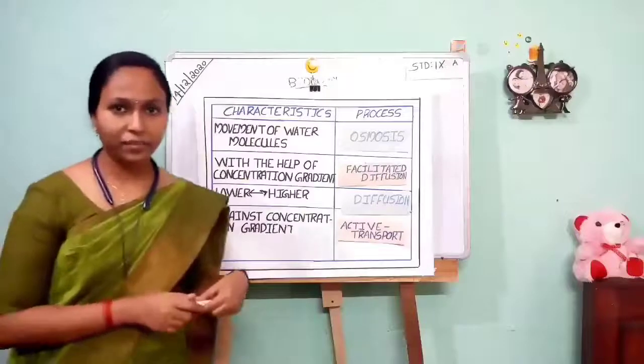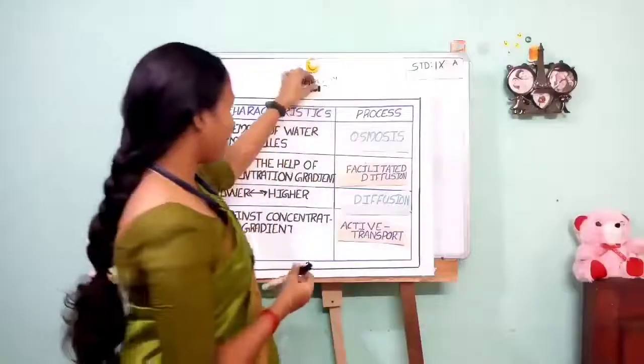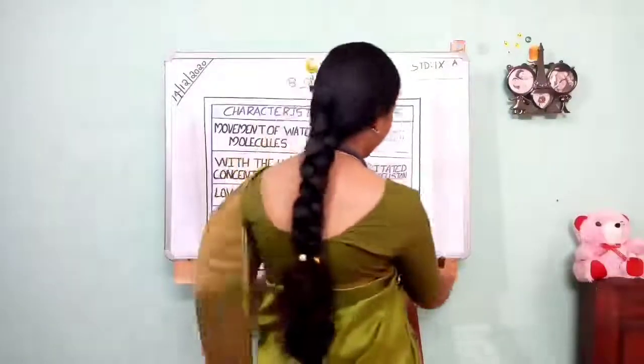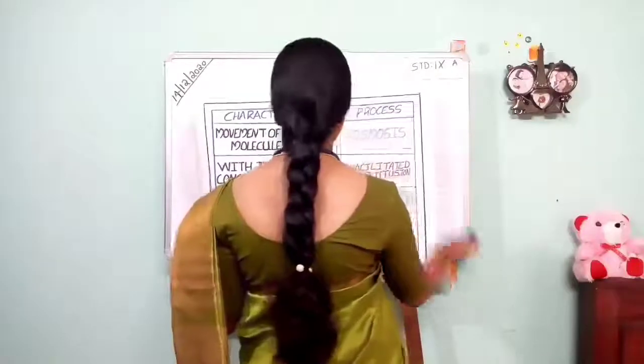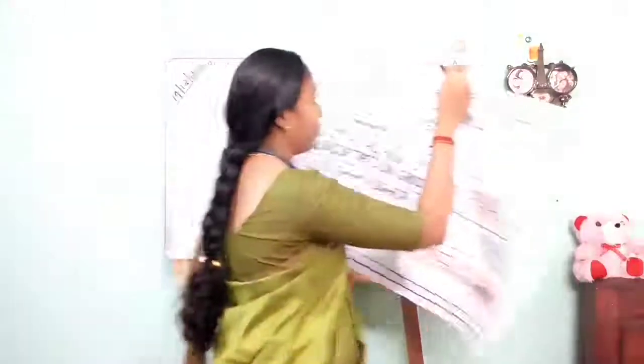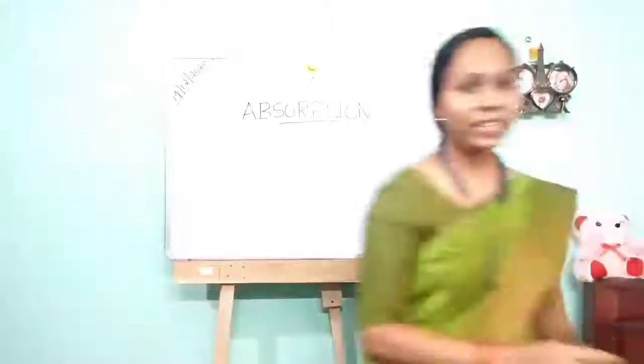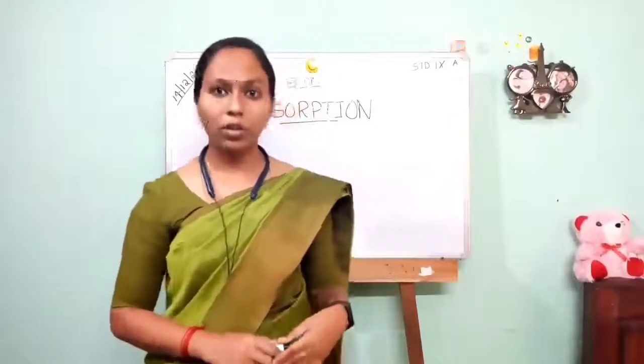Are you clear? Then take your science diary and write down the question. Write a brief note about osmosis, diffusion, facilitated diffusion and active transport. Are you clear? Any doubt? Okay, thank you.